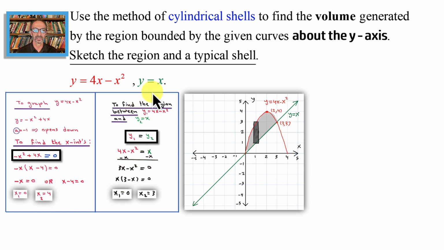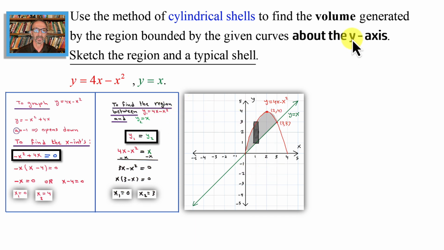The second one in green, y equals x, goes through 0, 0 and 3, 3, and that 3, 3 came from the intersection points. At x equals 0 and at x equals 3, they both have the same value, which is 3. This will be a cross section to use a Riemann sum with delta x. So we are going with delta x, slices perpendicular to the x-axis.